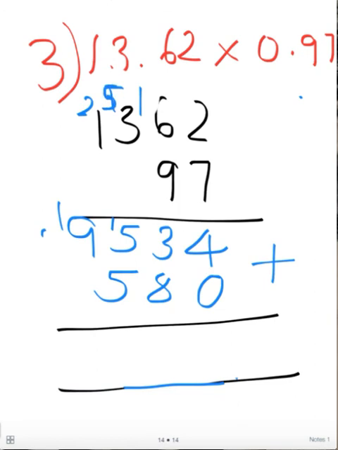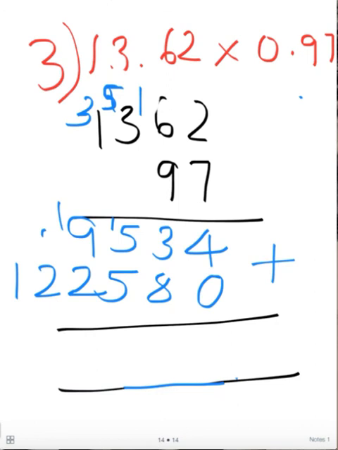That's a mistake I made. So 9 times 3 is 27, and 27 plus 5 is 32. So put the 2 down and carry the 3. And 9 times 1 is 9, plus 3 is 12. So I do apologise for that mistake.